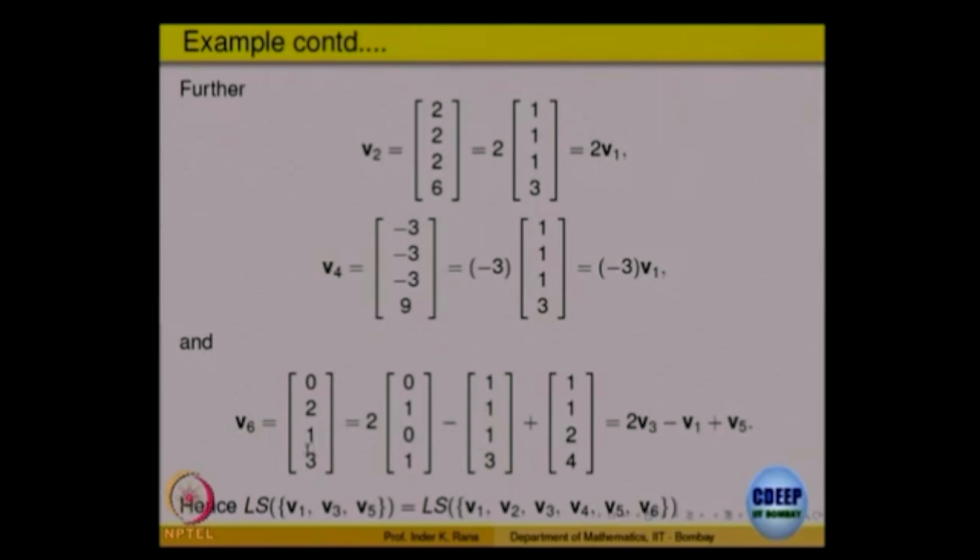So that means the vectors V2, V4 and V6, which were not selected as part of the pivotal columns, are expressed as linear combinations of the pivotal columns of A itself. So all the vectors are linear combinations of those 3, and those 3 were linearly independent. That means those 3 form a basis for the linear span of the columns. So that is how you find the columns.